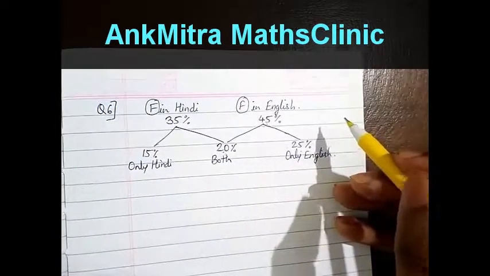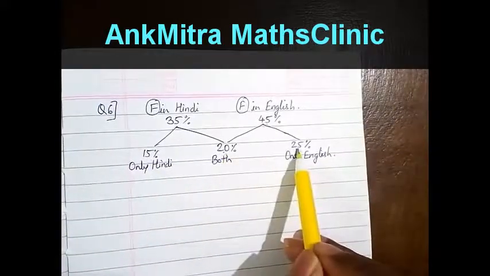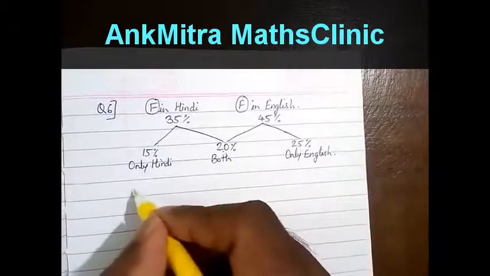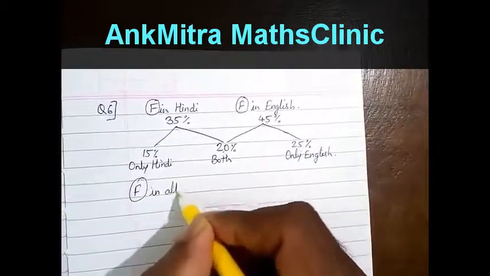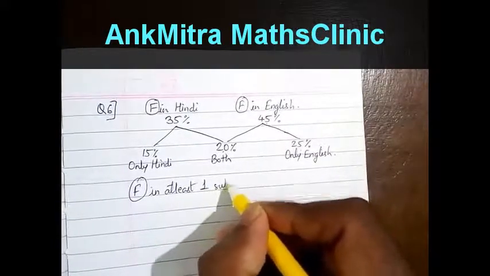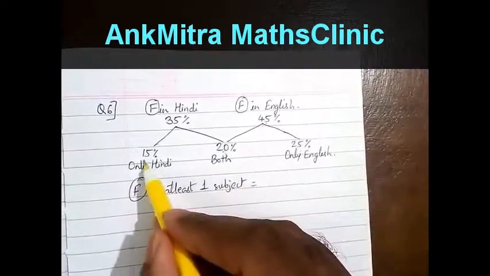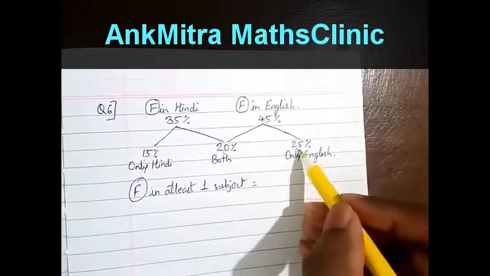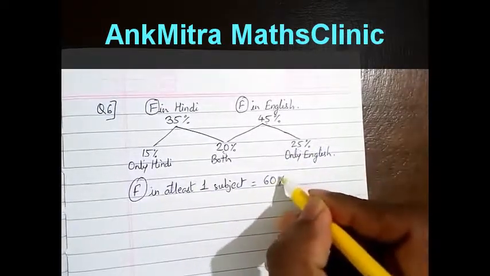So if we want to find the percentage of students which failed in at least one subject, at least one subject will be the addition of these three values. So failed in at least one subject will be 15% plus 20% plus 25%. So the total comes to 60%.